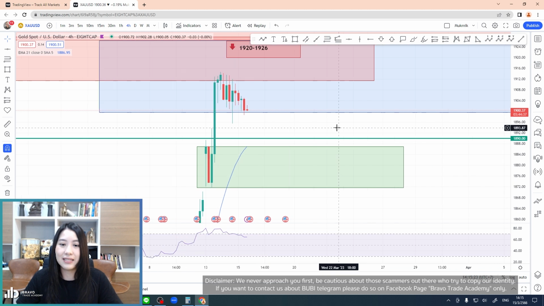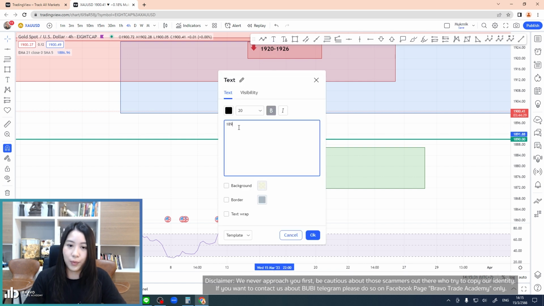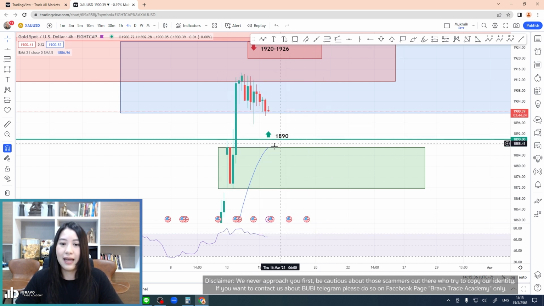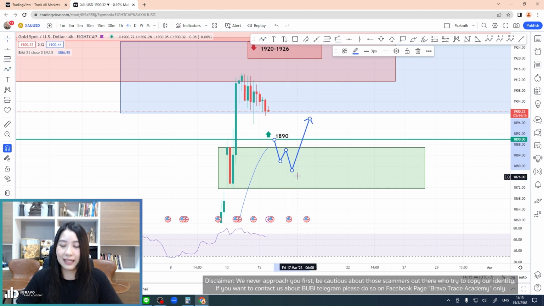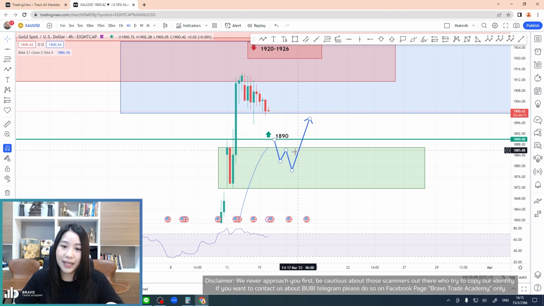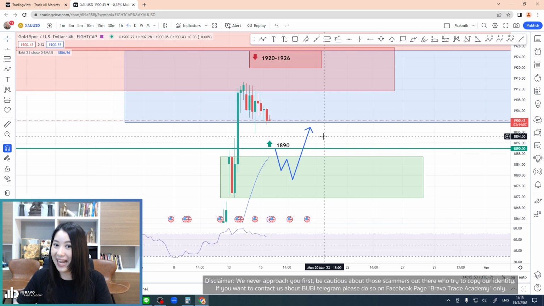So the price broke out of this resistance and it is going to turn itself into a very strong support at 1890. At this demand zone, you will need confirming signals, the same thing as the classic divergence here. I can't give you the exact number around here. You need to wait for our Telegram.